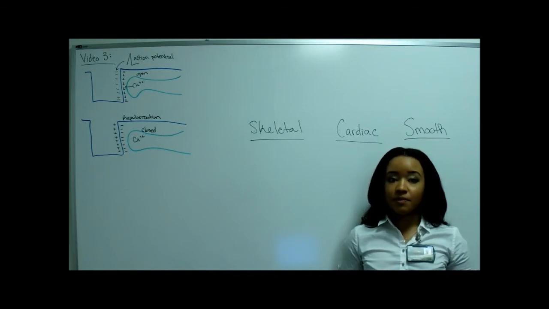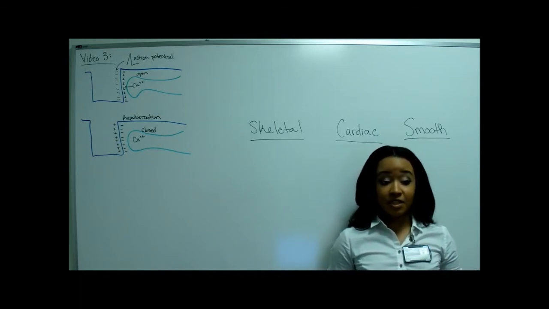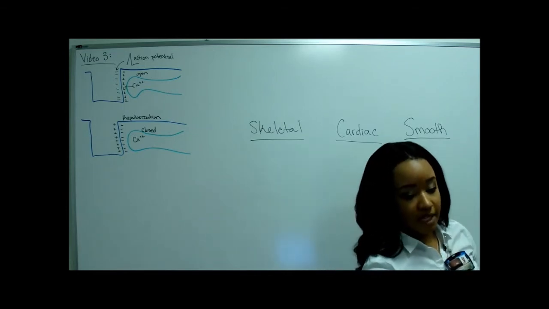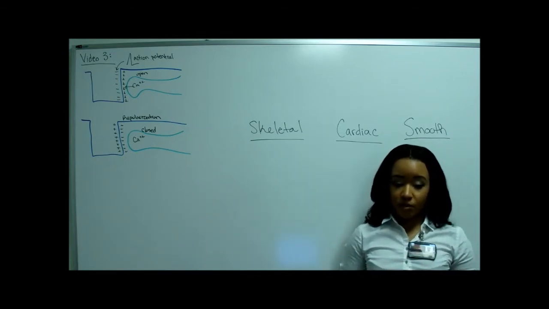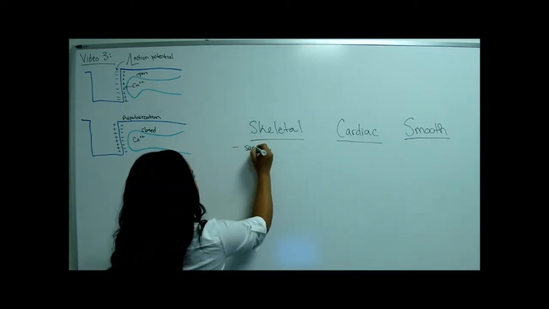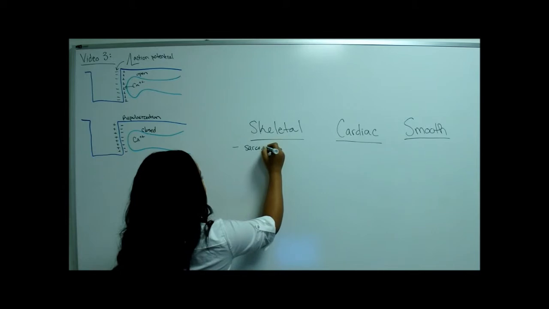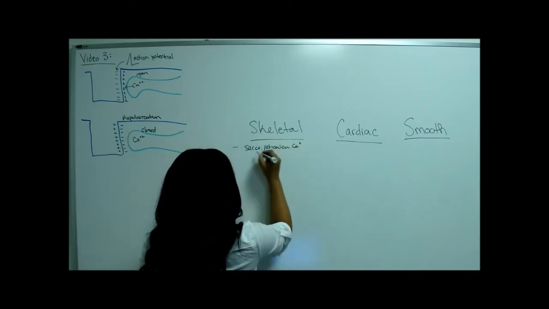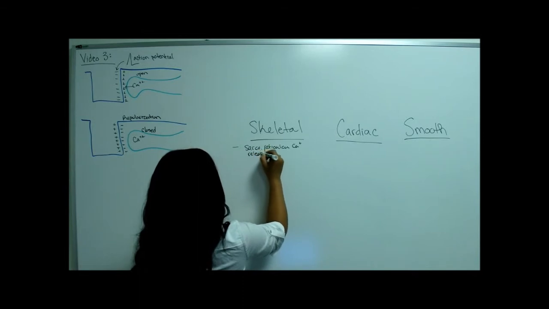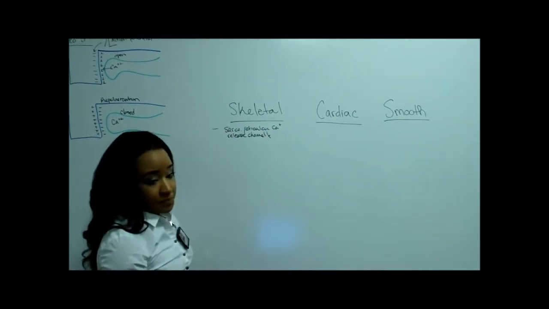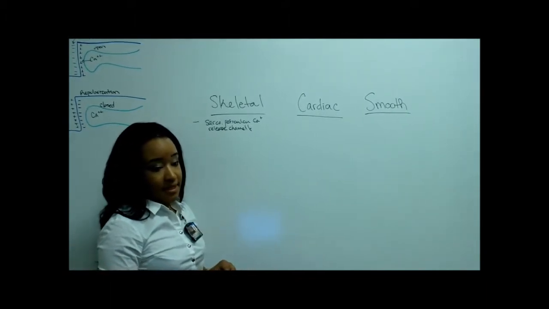In skeletal muscle, excitation coupling relies on direct coupling between key proteins: the sarcoplasmic reticulum calcium release channel and DHPRs, which are a type of receptor.